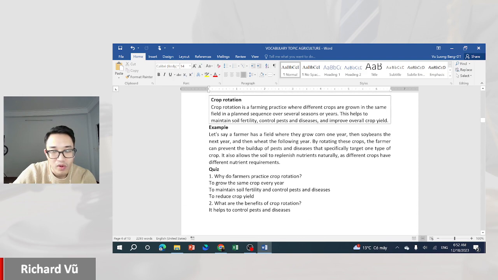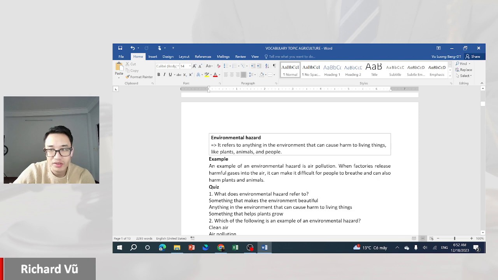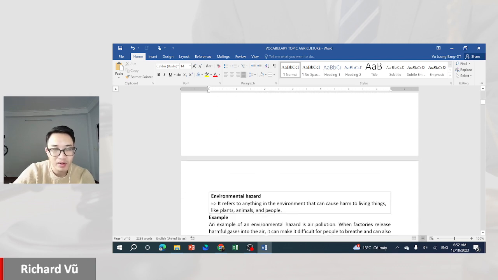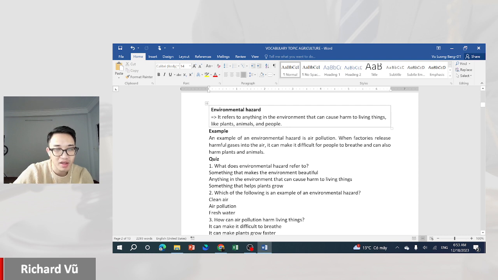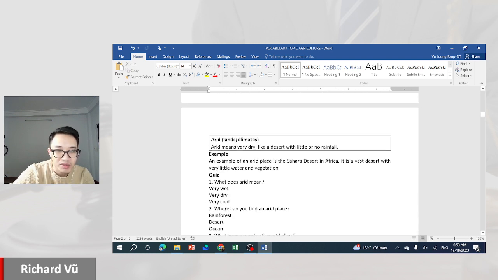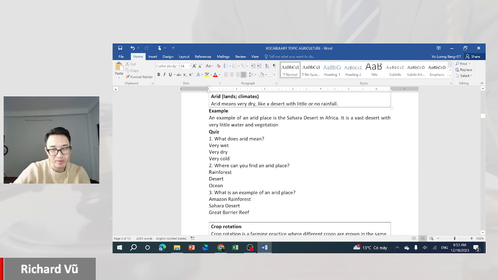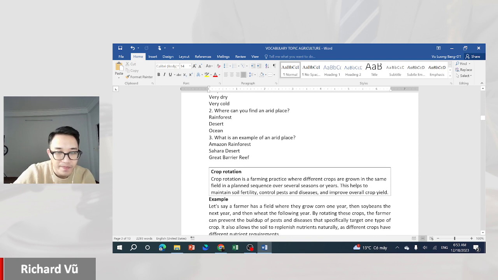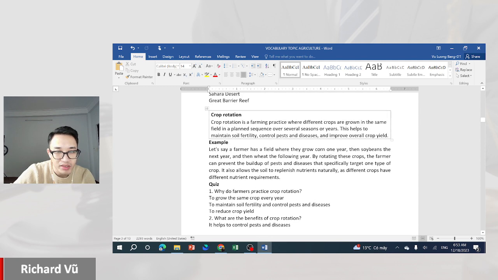So, we have learned four words in the agricultural vocabulary topic. The first one is environmental hazard. The second one is arid land. Arid means very dry, isn't it? The next one is crop rotation.